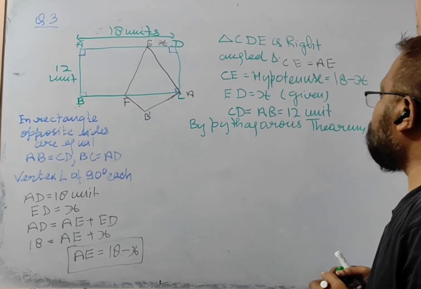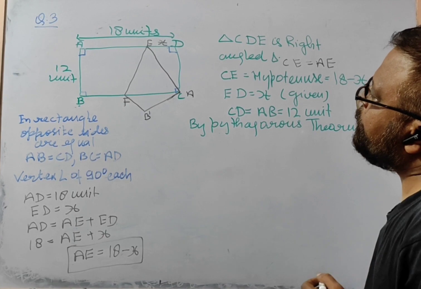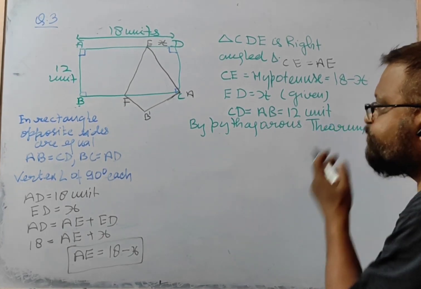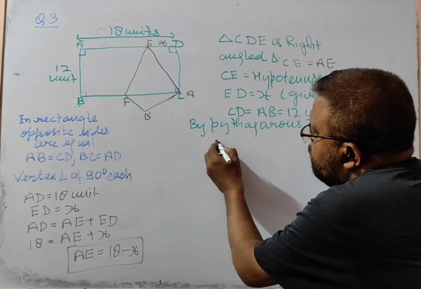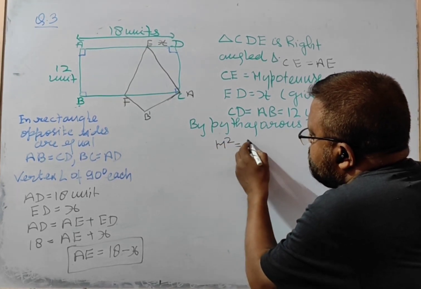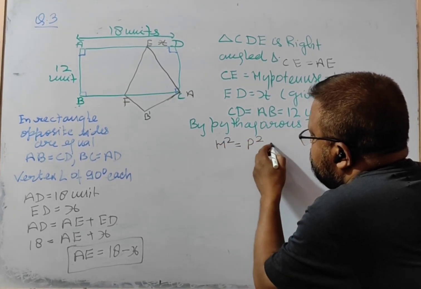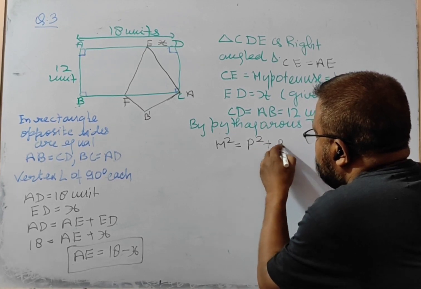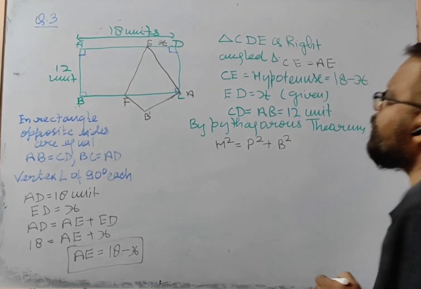So by Pythagoras theorem, we can get h square is equal to b square plus p square. Okay.